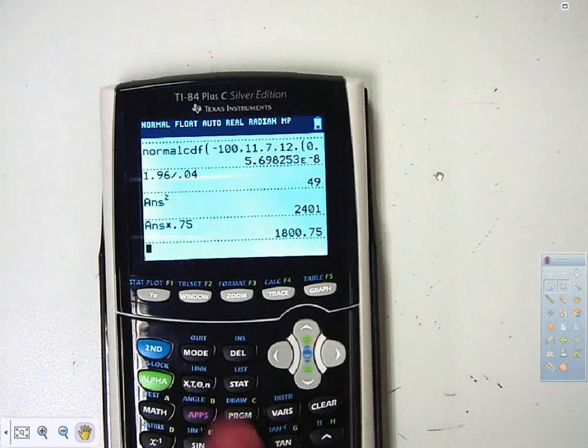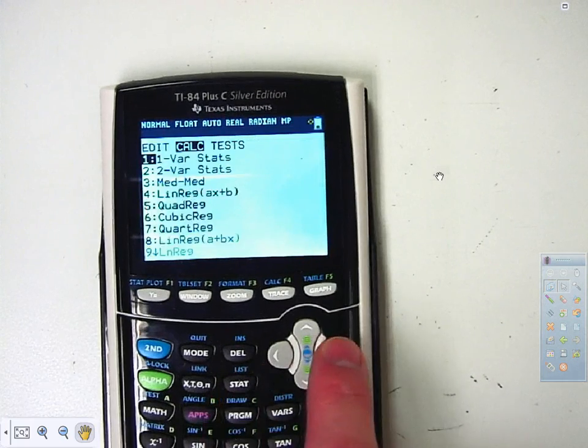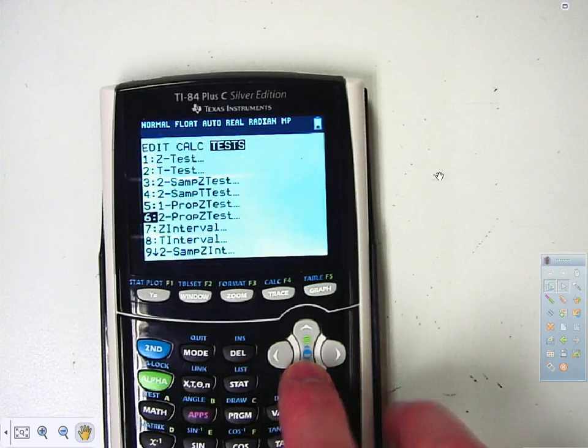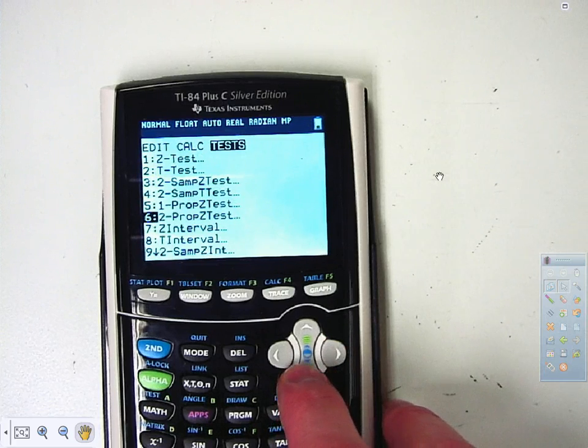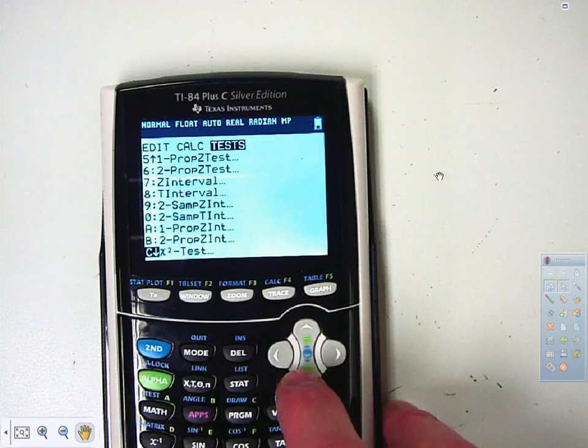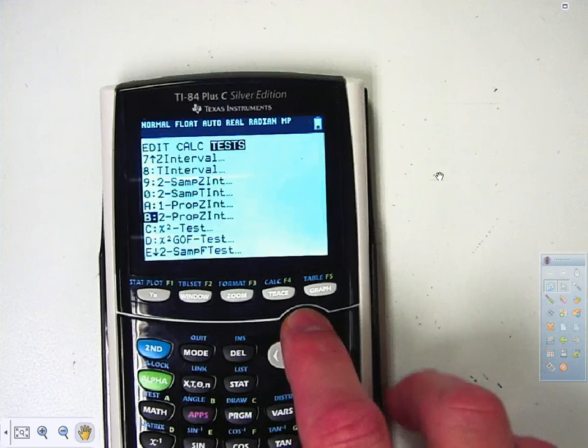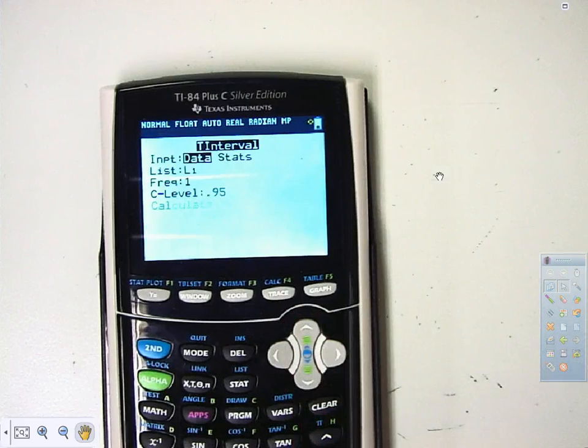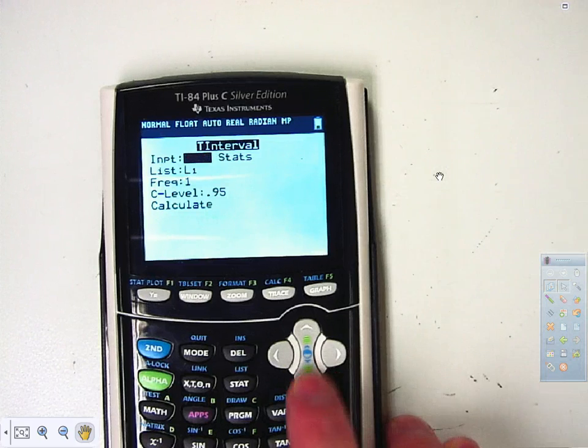I'll go ahead and show you also if you go to stat tests, okay, it's going to be, I think it's this option 8, t-interval. Let me scroll through and make sure that that's correct. Yeah, I'm almost positive. It's going to be t-interval. Okay, I have the data typed into a list, so I'm going to go ahead and just have it pull from the list. I haven't calculated x bar, s sub x in my calculator, but it will do it for me.